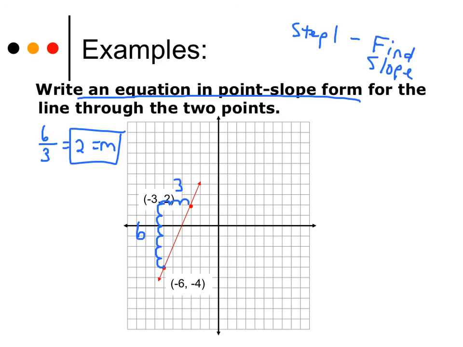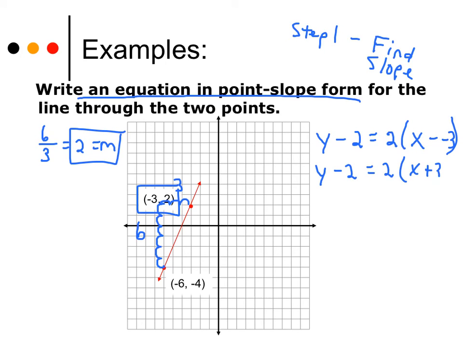So now I pick either point, so I can pick -3, 2 if I want to. So I'm going to pick this point and do y minus y1. y1 is 2 equals my slope, which is 2, and then x minus a -3. Then I can do y minus 2 equals 2 times x plus 3, and I have my answer.